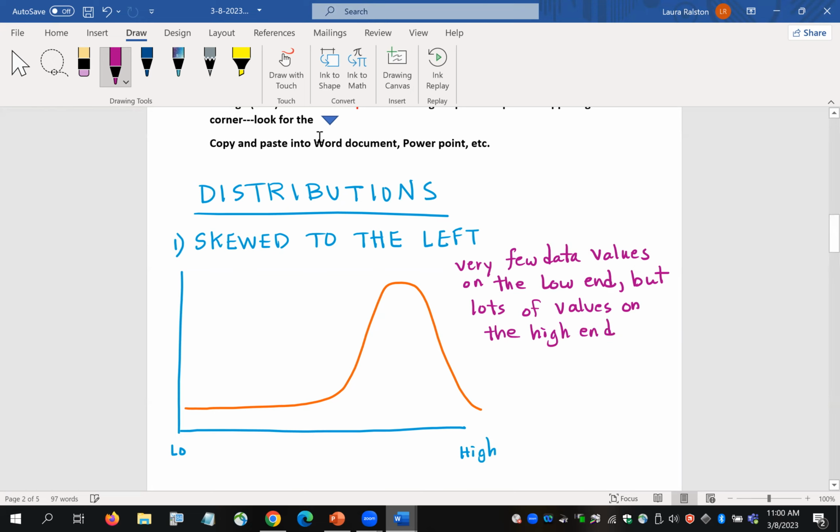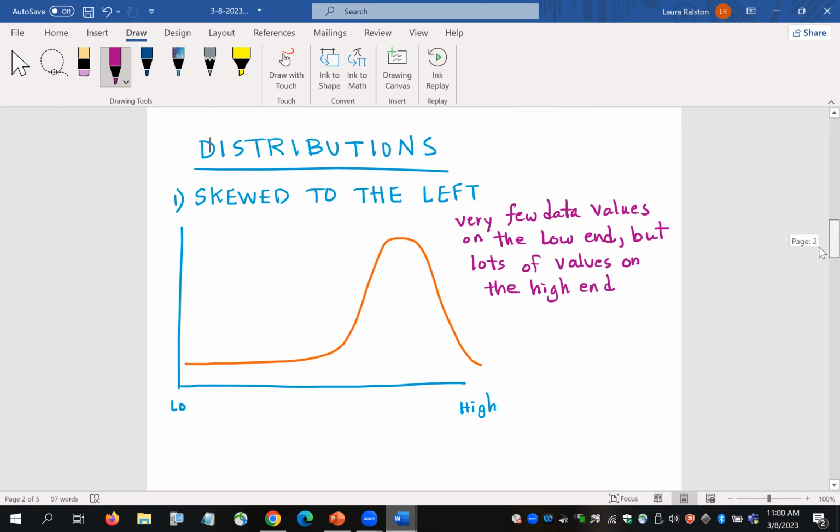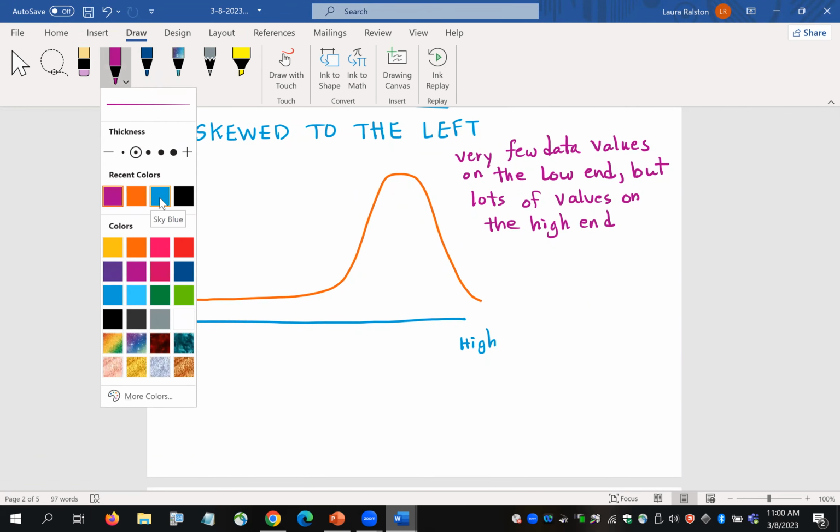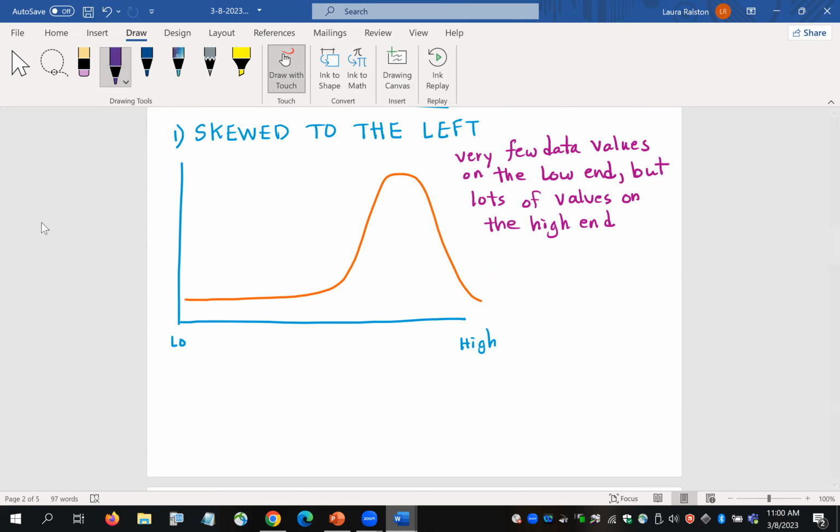Now, I just rough sketched that in kind of a thinking about it in terms of a histogram. If we think about it in terms of a box plot, for skewed to the left with a box plot, the box is going to be on the high end.